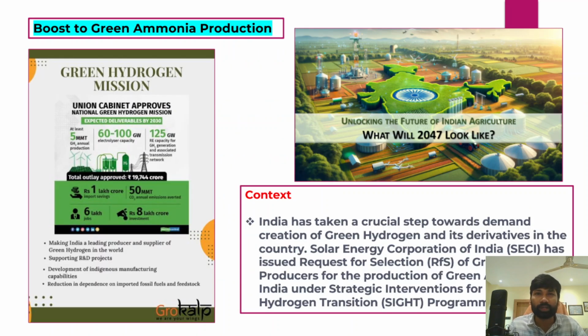Now next important is the boost to green ammonia production, or we can also say green hydrogen production. It is very important as a renewable source of energy, and it is also green in nature. India is disproportionately dependent on fossil fuels to meet its energy needs or energy security.